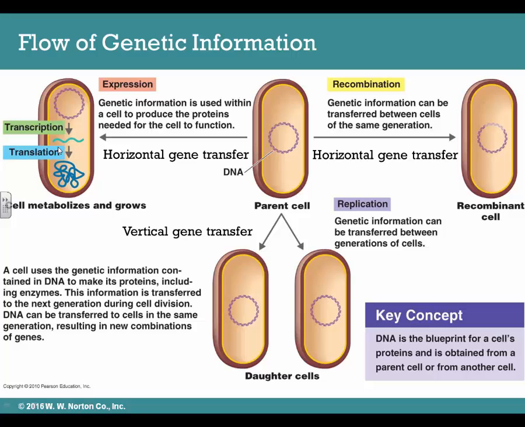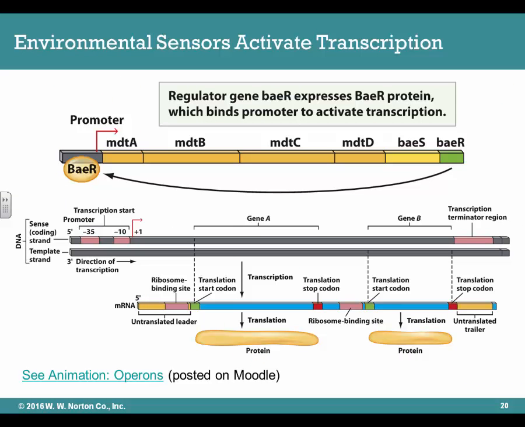Instead, I'm going to go over how expression can be manipulated by a bacterium depending on the environment, how it can adapt to that. Okay, so there are environmental sensors that will activate transcription of certain sets of genes organized in these operons within the genome of bacteria.